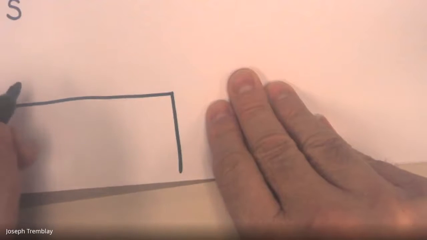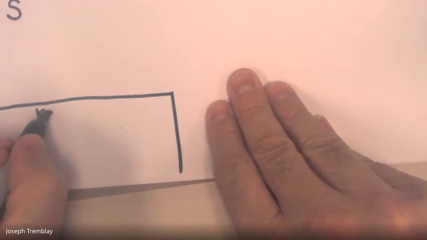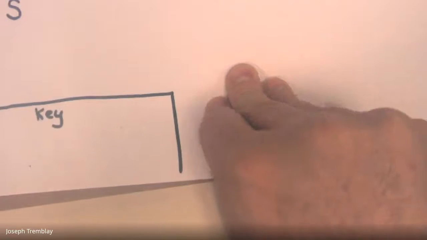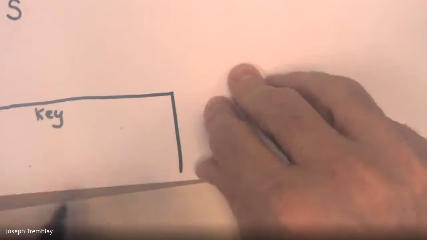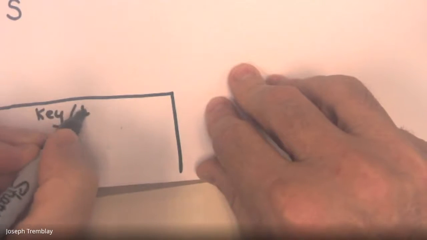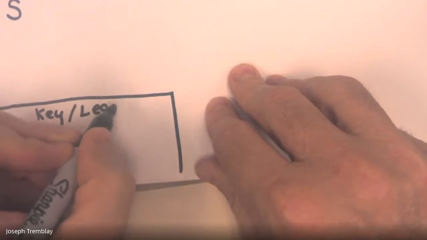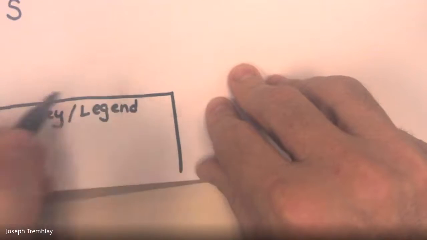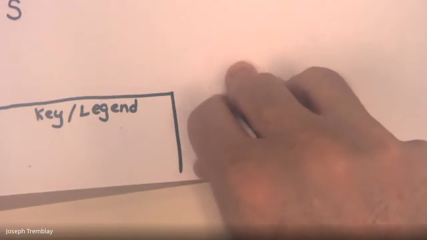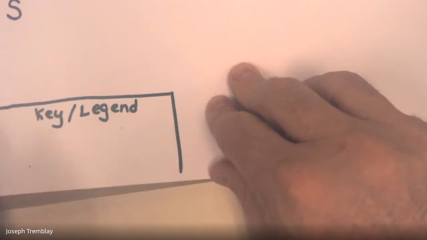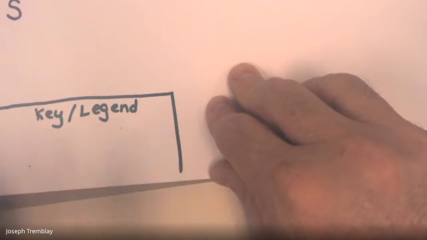A lot of times it'll even say key. Sometimes it won't say key. Sometimes they'll use the word legend. But whether they call it a key or a legend, it's the same thing. And we look down here to find what the symbols on the map mean or what the pictures mean.